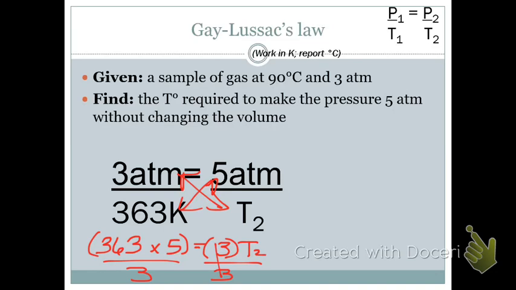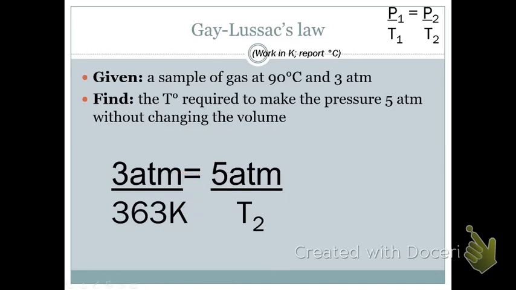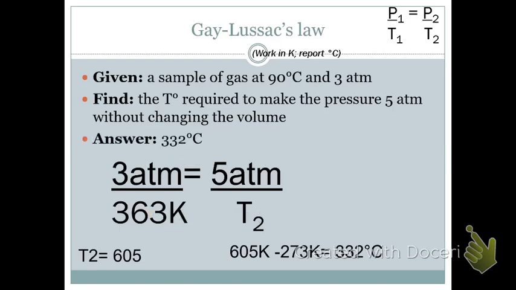Press your equal sign, and that is going to give you 605. While you remember that that is actually K, so you have to subtract 273 from that, and that is going to give you a degree Celsius, and in this case your degree Celsius is going to be 332 degrees Celsius as your answer. Again, I gave it to you in degrees Celsius, you give me back degrees Celsius.